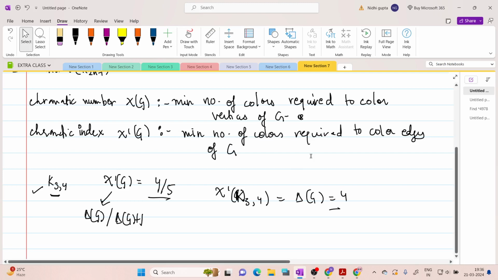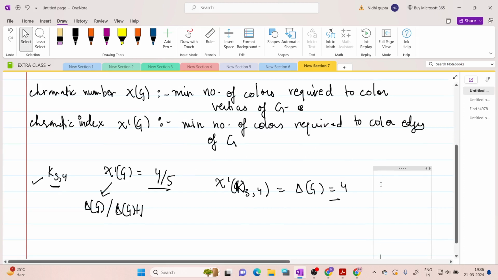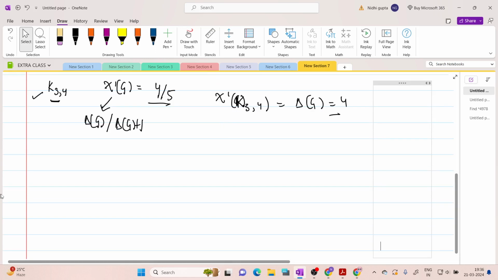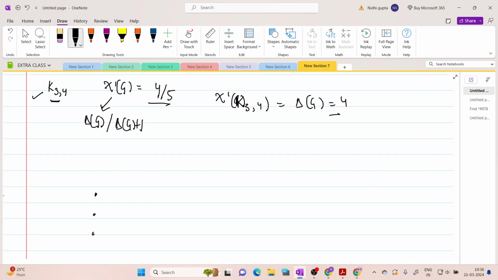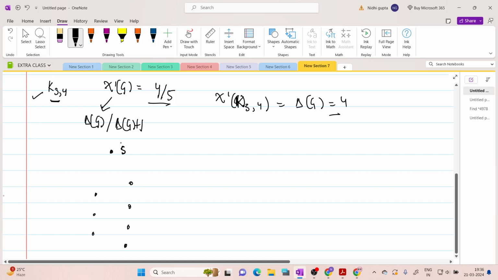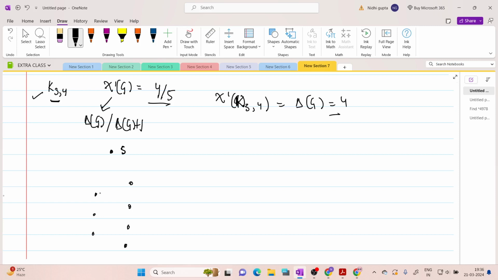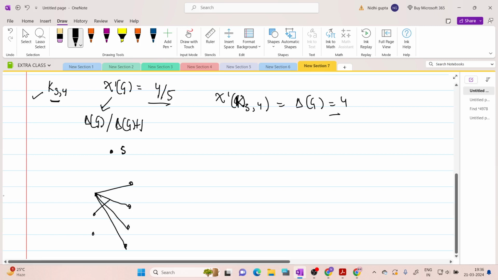Now the question is asking, we have this K3,4 and also an additional vertex S. In K3,4 all the vertices are adjacent.